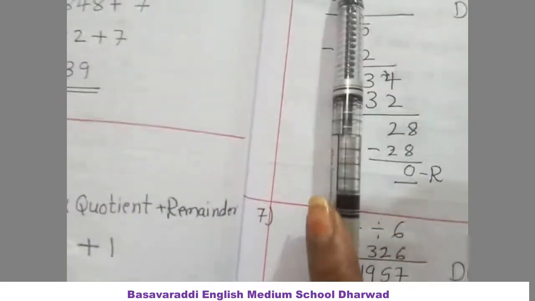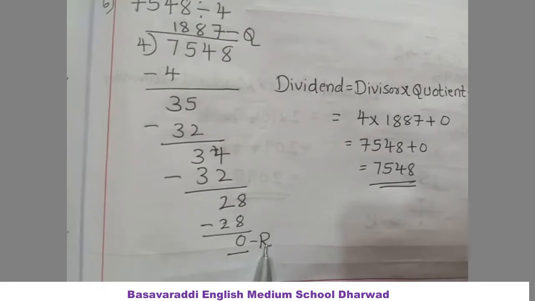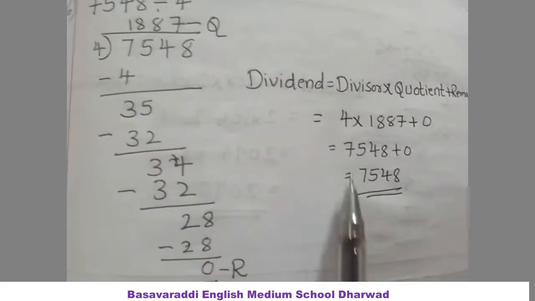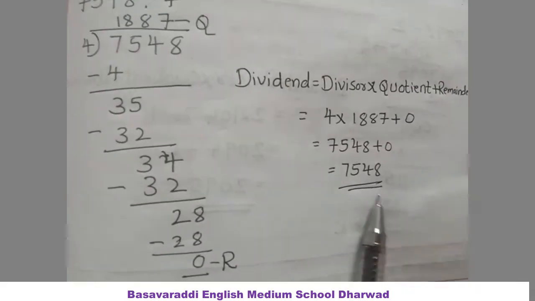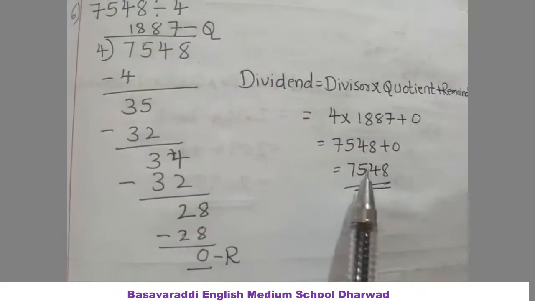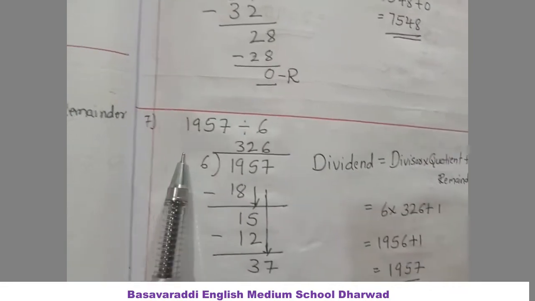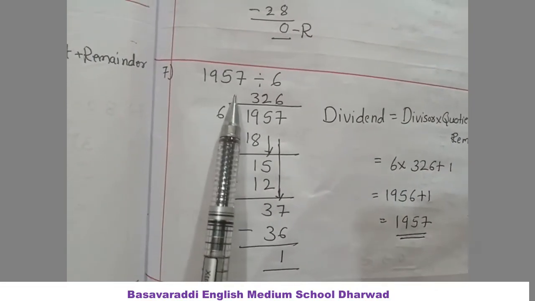The sixth one is the same. The remainder is 0 and the quotient is 1887. When we check the answer, it should be equal to the dividend, so 7548 is correct. Then the 7th one, 1957 divided by 6.